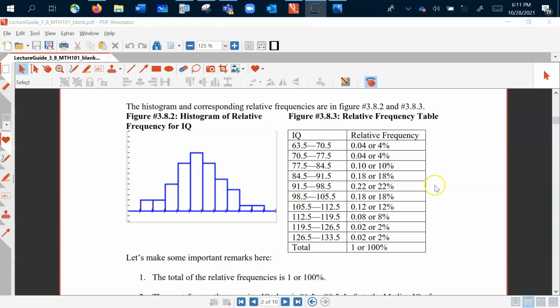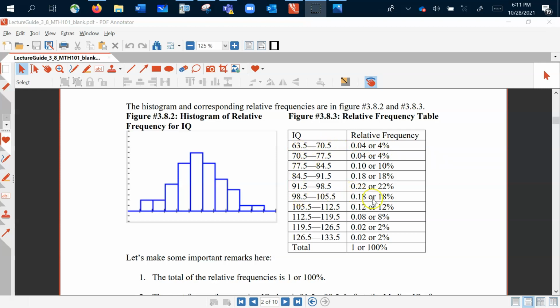The relative frequencies, here I've got them in terms of percent, but you could have them as decimals or fractions. They're going to represent the chance or likelihood that any randomly chosen person in the sample has an IQ in that class. So for example, if I look at this first class, the relative frequency is 4%. So there's a 4% chance that any random person out of the 50 would have an IQ between 63.5 and 70.5.